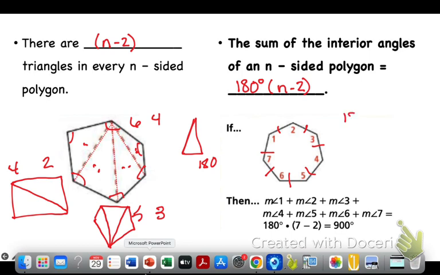So it's going to be 180 times 7 minus 2. So 180 times 5. 5 times 0 is 0. 5 times 8 is 40. 5 times 1 is 5, plus 4 is 900 degrees. So if I add all these angles up, what do I get? 900 degrees.